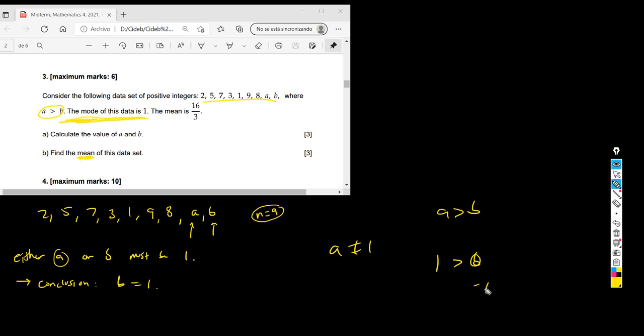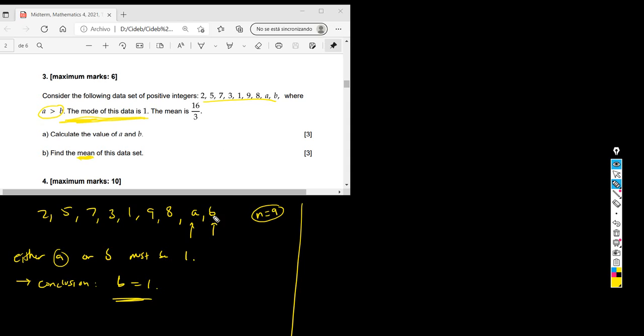B cannot be -1 because -1 is not a positive integer, etc. So necessarily B must be equal to 1 in order to satisfy the mode being 1 and A being greater than B. It's a little tricky, but that's the only conclusion you can arrive at. It's a necessity. So we already know that B equals 1.